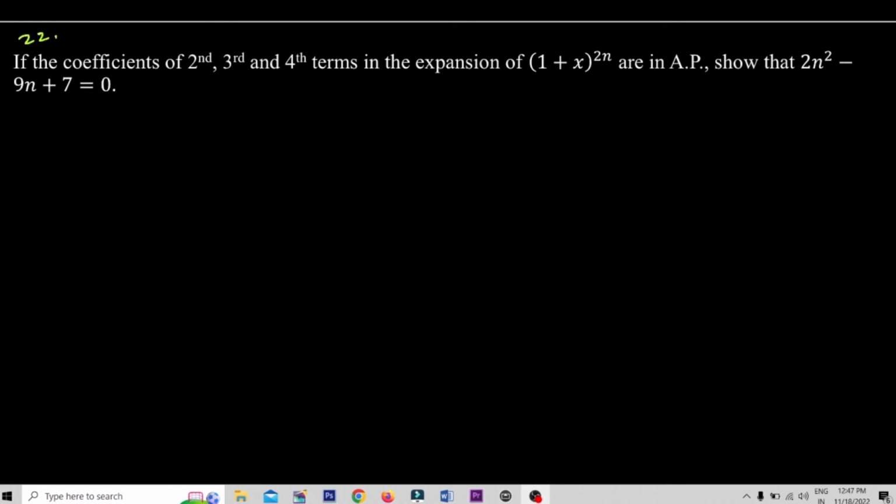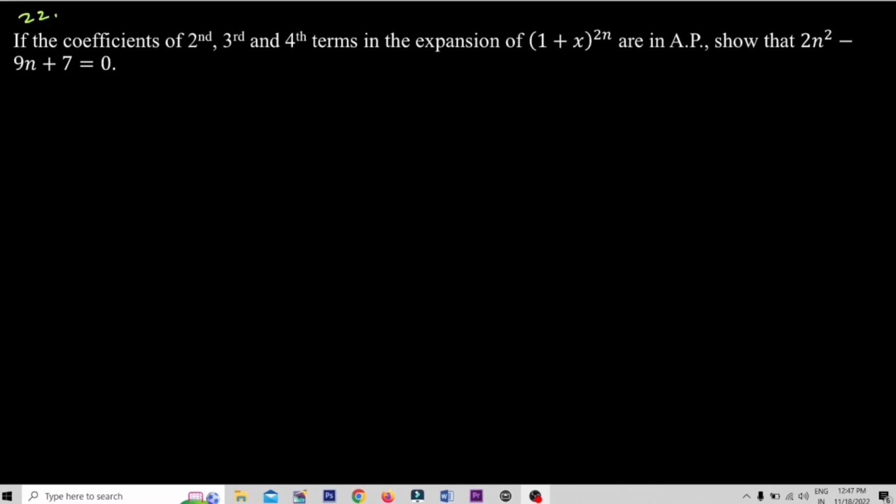In this sum number 22, if the coefficients of the second, third and fourth terms in the expansion of (1 plus x) whole to the power 2n are in AP, we have to show some condition. Let's see what can be done. The second term, T2, that is T(1 plus 1), is 2nC1 x to the power 1.